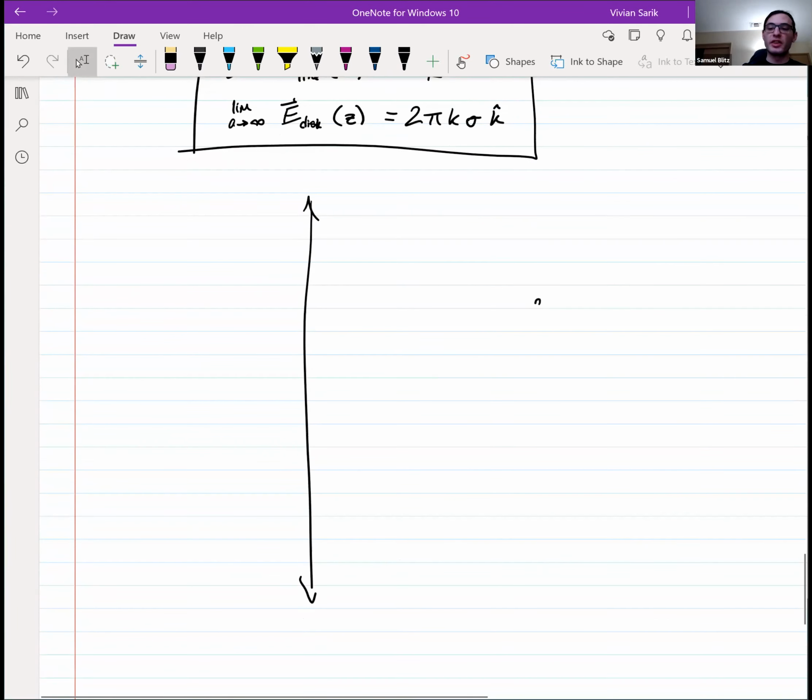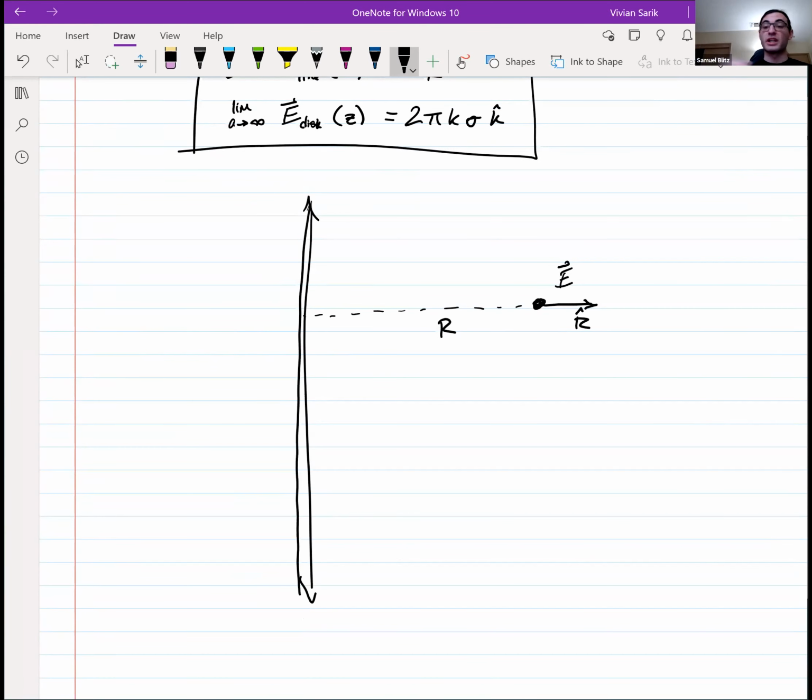If you wanted to know the electric field here for an infinite line of charge, you would just plug in that distance r, and the electric field would point in the r hat direction. This would be for an infinite line of charge that extends in both directions. But it would also work here, because that equally well has an infinite amount of charge above or below it, and you would plug in this value of r.